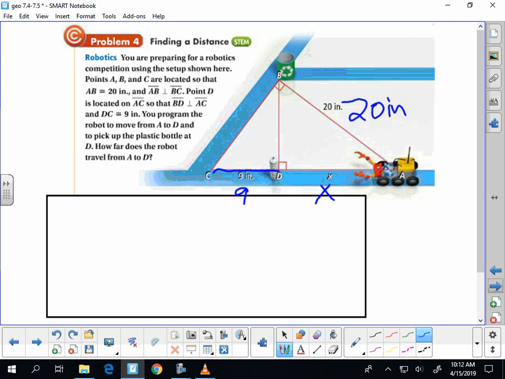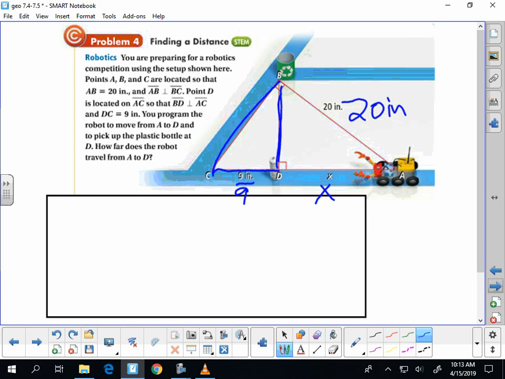So we are going to set up proportions again. Which two triangles are we going to use? If we look at this triangle, do I have two bits of information in that triangle, or do I just have one thing that I know? I know this is 9.